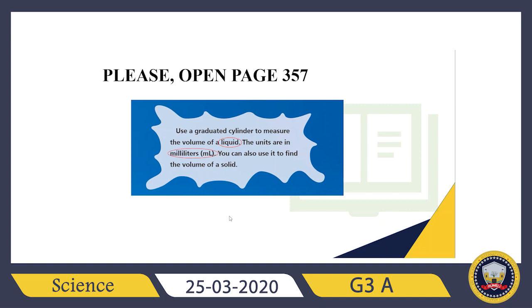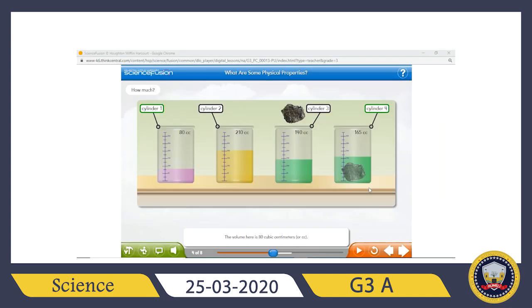So let's check the units and volume for liquids now. You can measure this amount of space and you can call it volume. If you pour the water into a graduated cylinder like this, you can measure the volume of liquids.